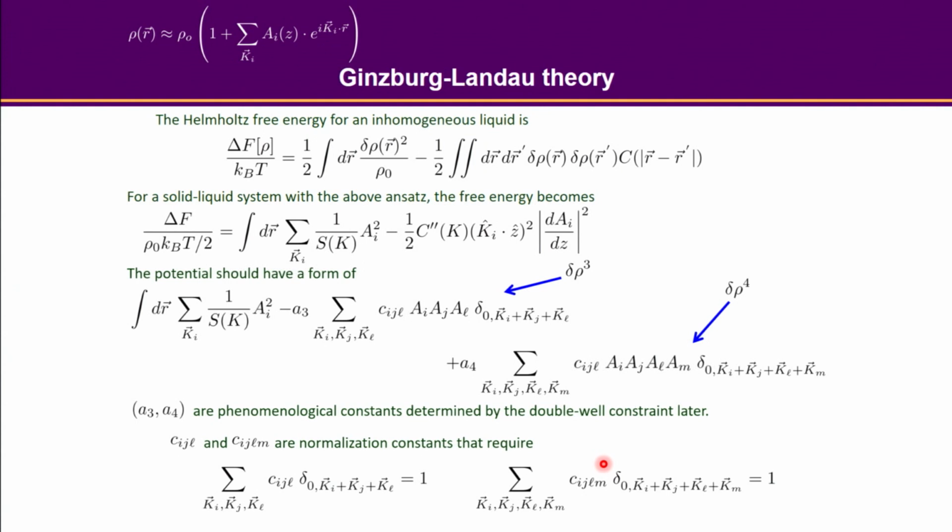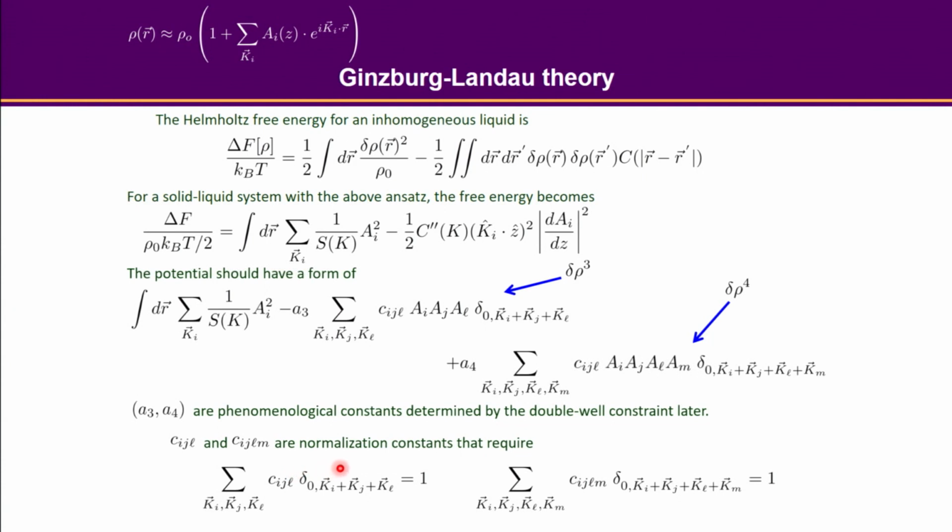That's just a normalization constant which will simplify our calculation later. It's nothing but saying how many combinations there are, and we normalize by these constants. For example, how many combinations I can have if I consider a BCC lattice.